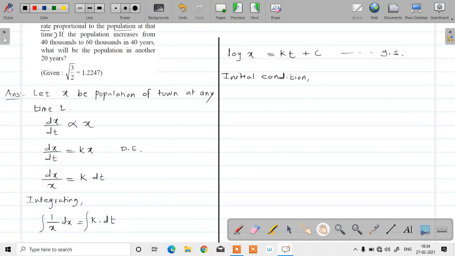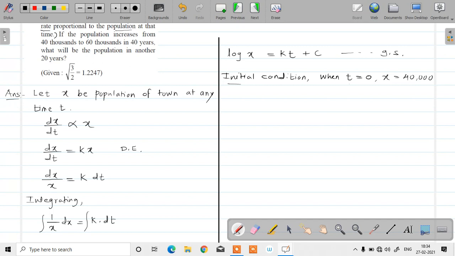So this is the initial condition. Always remember, the initial condition means when t is equal to 0, the value of x is given to you, that is 40,000. So when t is equal to 0, x is equal to 40,000.